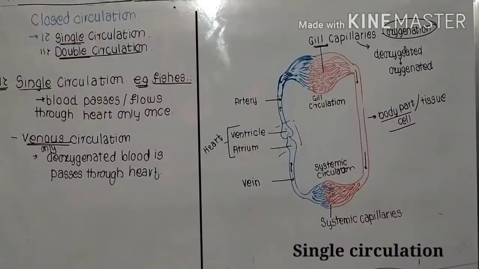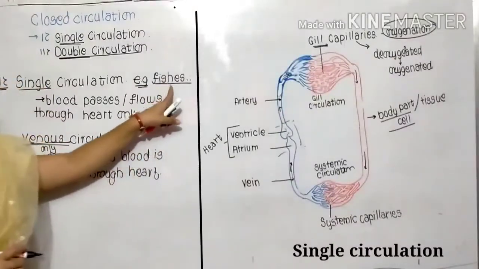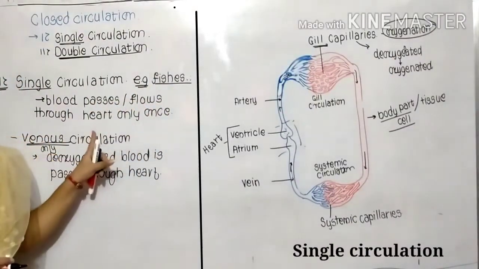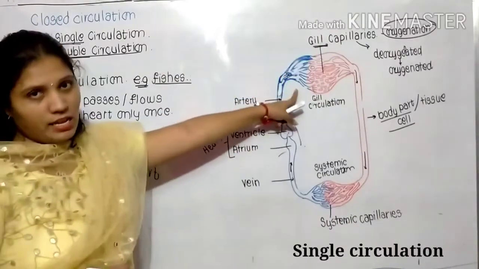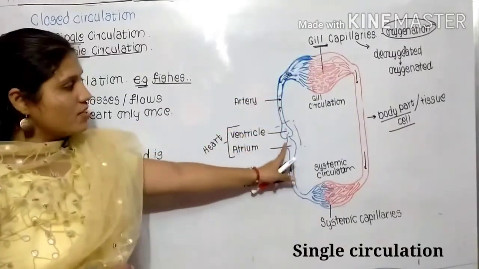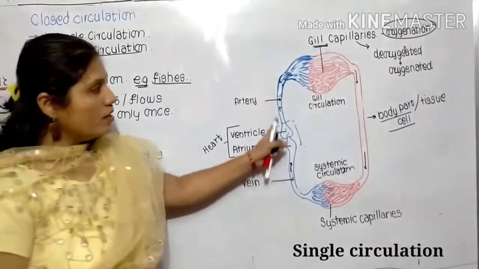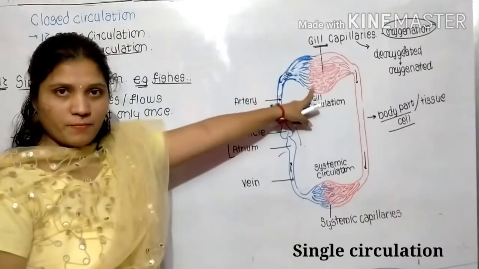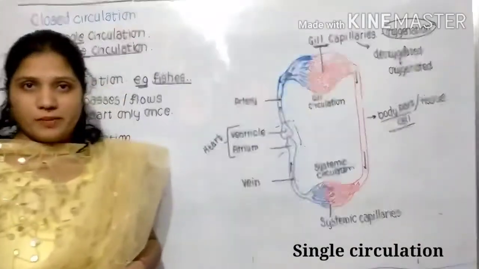Understood? Single circulation. Once again I will tell you. In single circulation, which occurs in fishes, blood passes from the heart into the gills. That blood is deoxygenated, and it enters the gills for the oxygenation purpose.